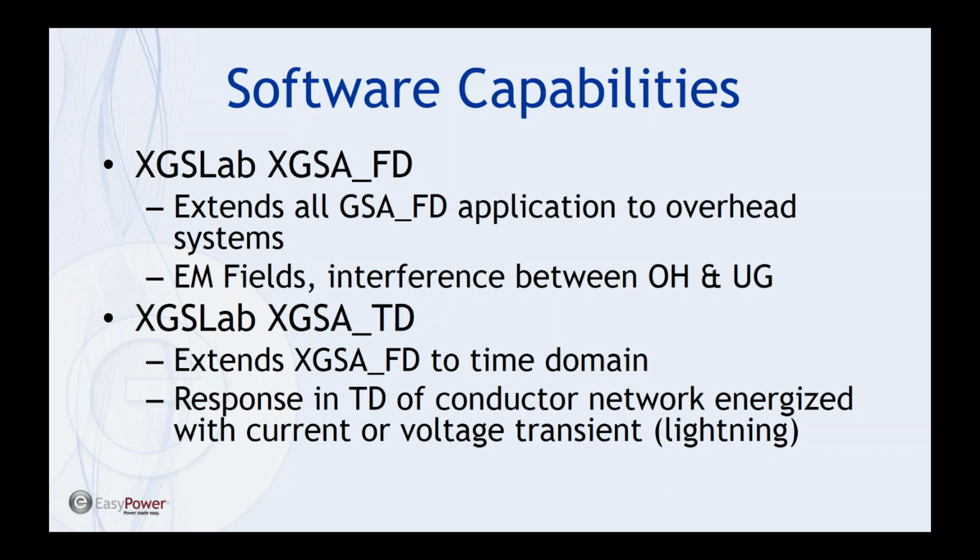So now, in addition to modeling the influence of your underground systems on things like pipelines, you can model the interaction of overhead or underground power lines on installations such as pipelines, railways, and communication lines. You can calculate the effects of lightning and also the fault current distribution due to a lightning strike.